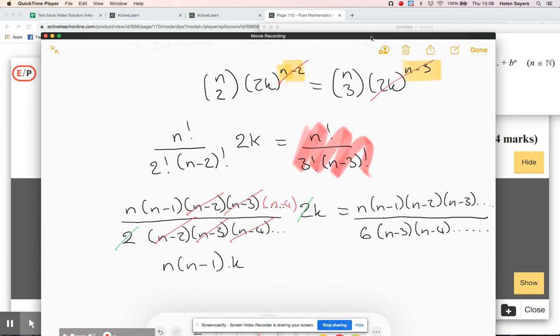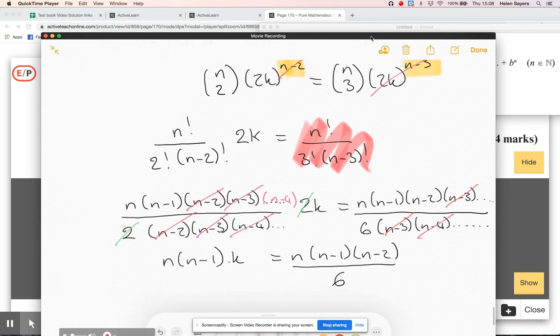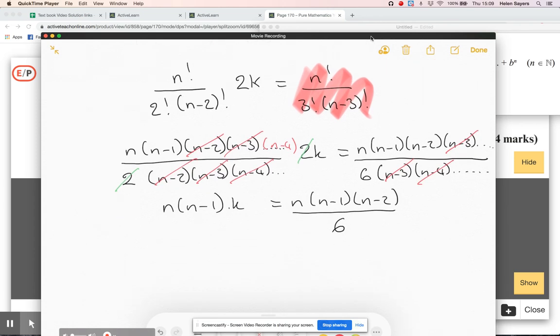So again, I'm going to have a lot of cancelling. n-3 and below are all going to cancel. So I'm left on the right-hand side with n-1, n-2 all over 6. Now, don't be tempted to start expanding out, because I think that will end up as a bit of a nightmare.